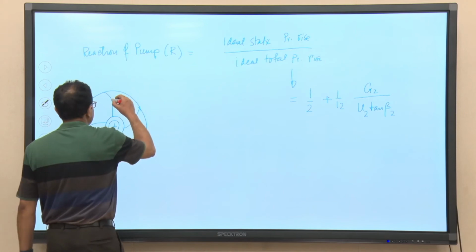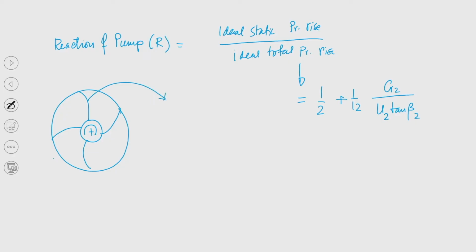If we take out this particular blade and draw the velocity triangles both at inlet and outlet, and consider swirl free flow at the inlet, this is u1, relative velocity w1, and c1, which is nothing but Cr1, the flow velocity at the inlet.